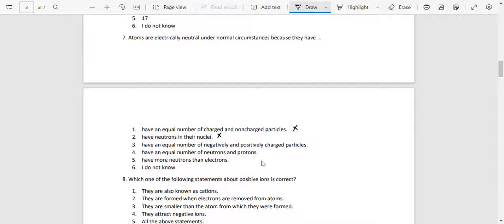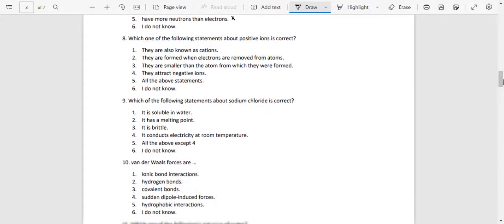Even equal number of negatively and positive charged particles. This is true. Have an equal number of neutrons and protons. If it was electrons and protons, it would have made sense and been correct. But neutrons are neutral, protons are positive, so this can't be electrically neutral. If more neutrons than electrons, this is also not true.